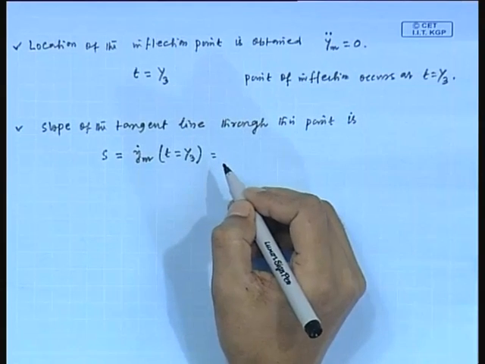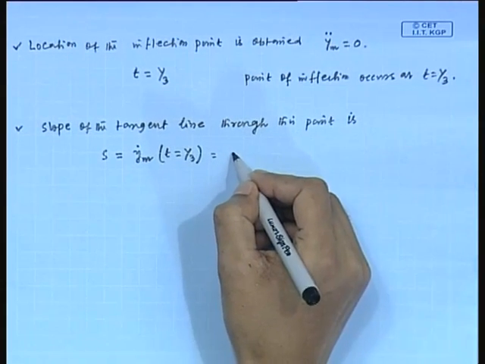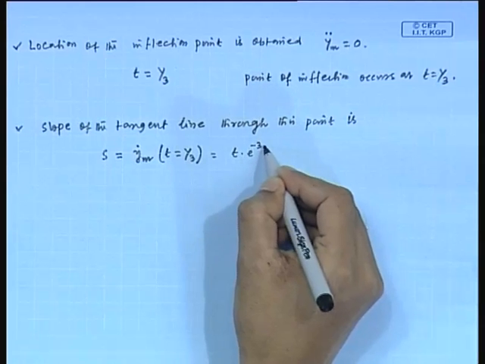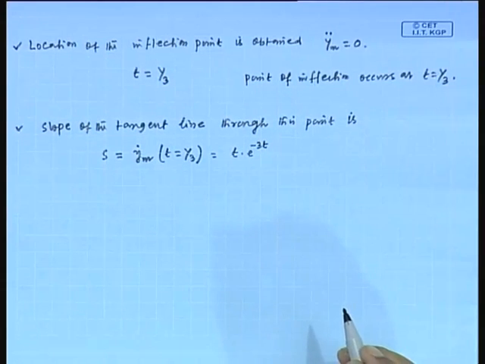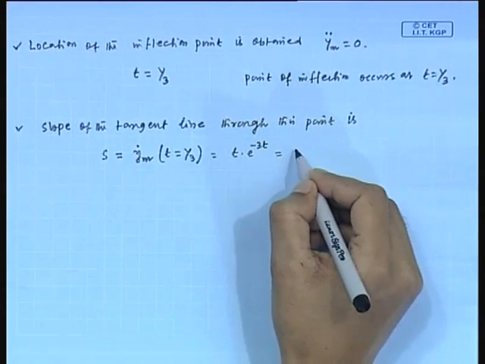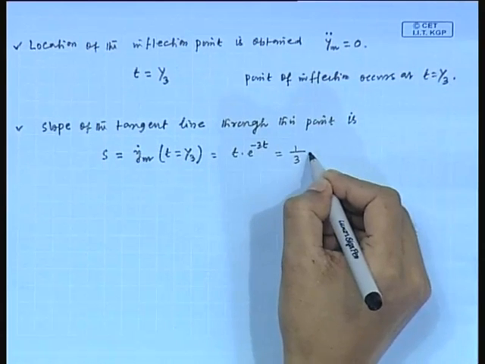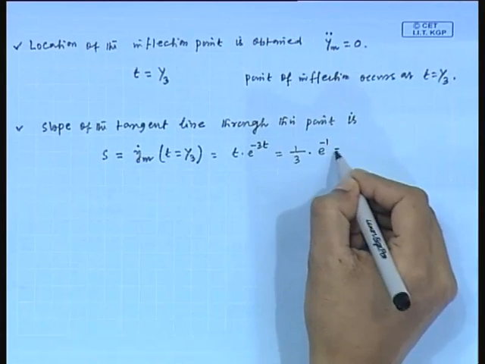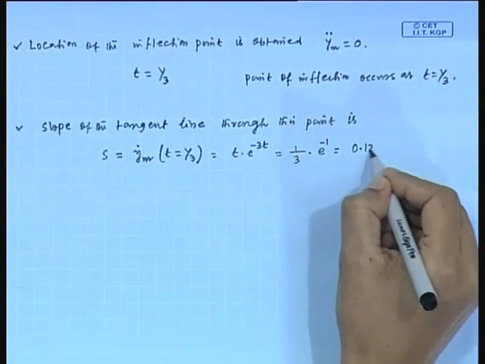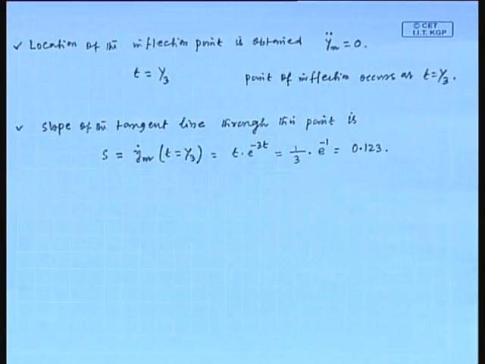The expression is t exponential of minus 3t. If we substitute t equals 1/3, then we obtain 0.123.